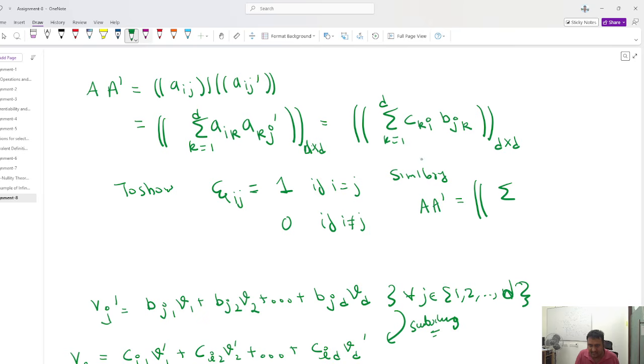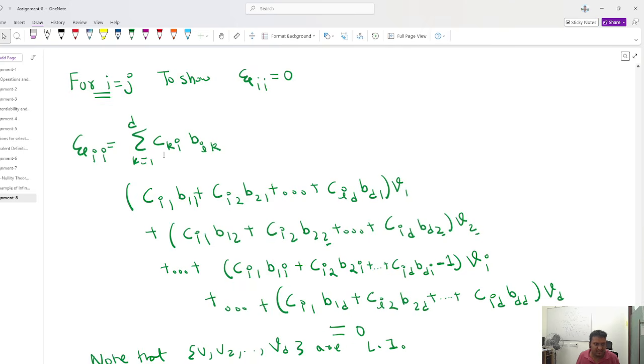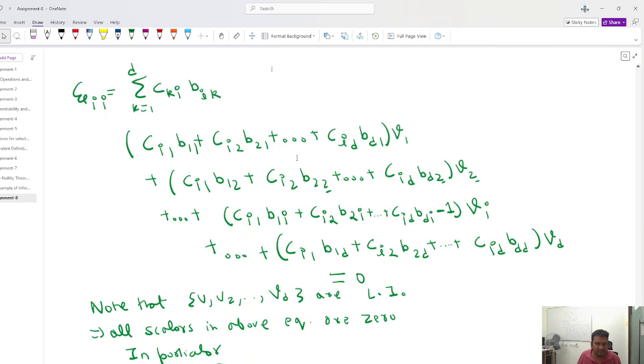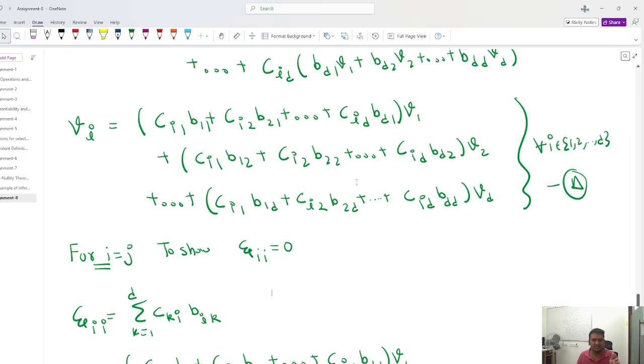This will be similar to the calculations we have done. So k is from 1 to d. Now Bjk, Cki. Let us call this xi Ij for the moment because I am proving this as one. So if you see now, this is your xi I, right? If you want to expand, this is exactly your xi I. So what you have proved, xi I is 1.